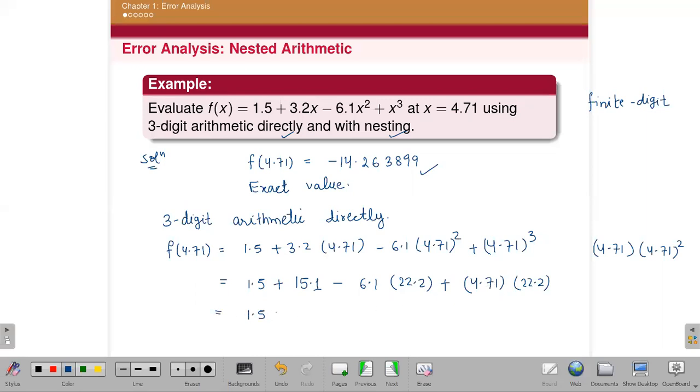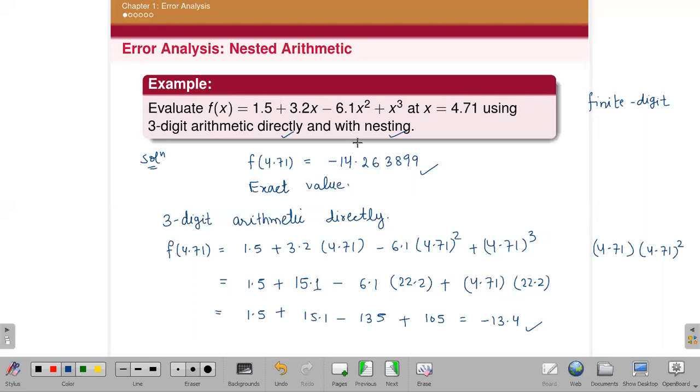So it is 1.5 plus 15.1 minus, if I multiply these two, it will be 134.9 something, then I will round it off, so it will be 135. 4.71 into 22.2 will become 105. Now if I solve this, you will get minus 13.4. Minus 13.4 is the approximate value when I'm using 3-digit arithmetic directly.